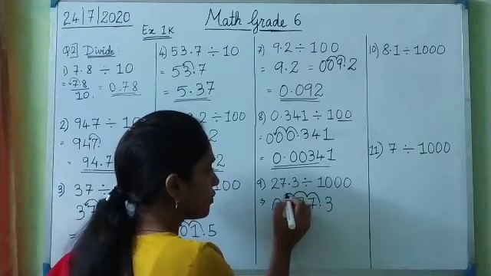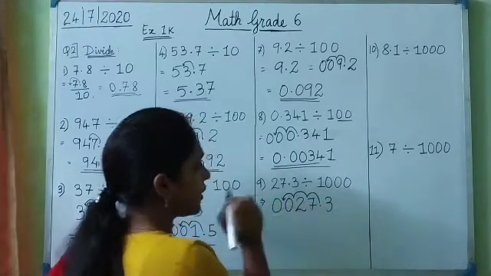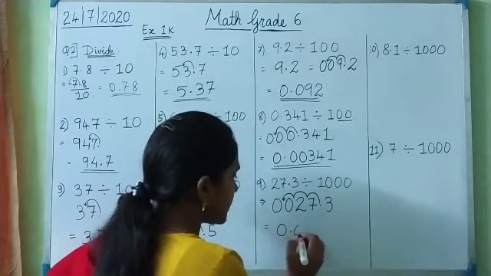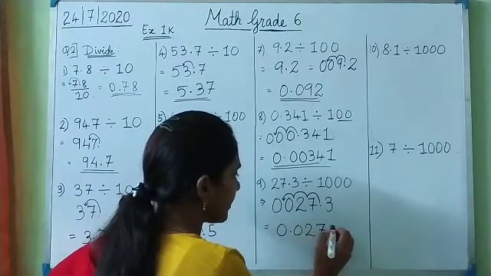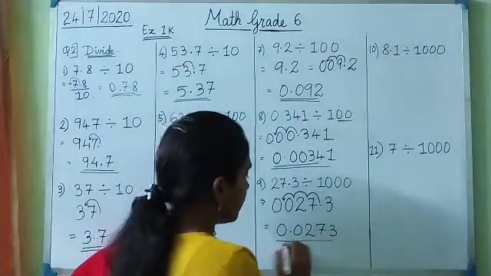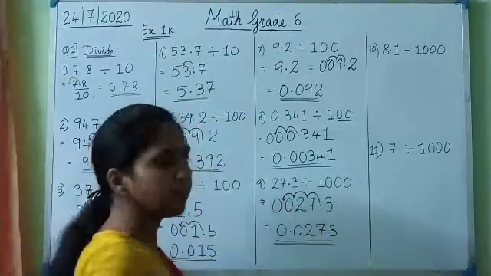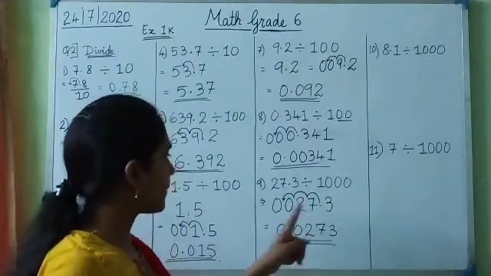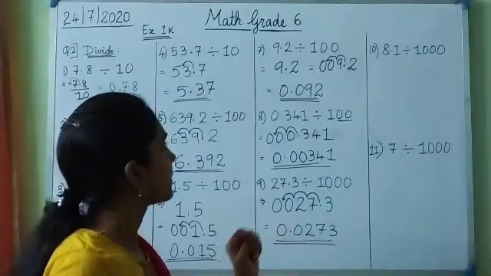So 1, 2, 3. It will come here between these two zeros. So the number becomes 0.0273. Okay. So 0.0273 is the final answer. The division of 27.3 divided by 1000 is 0.0273. Okay. 3 digits towards the left.